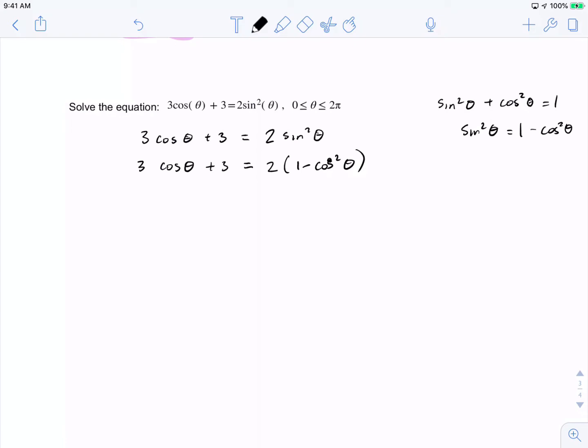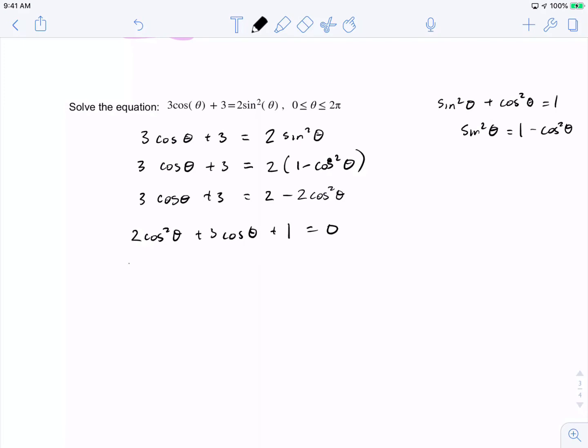And the reason I wanted to do that is because I want everything in terms of cosine in this problem. So I'm going to get 3 cosine theta plus 3 is equal to 2 minus 2 cosine squared theta. And then moving everything to the left-hand side, I'm going to get 2 cosine squared theta plus 3 cosine theta plus 1 is equal to 0.